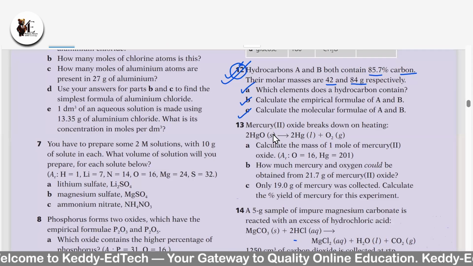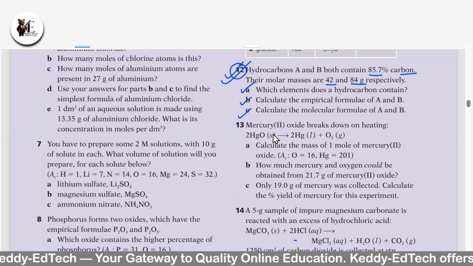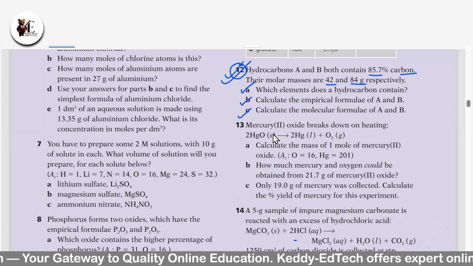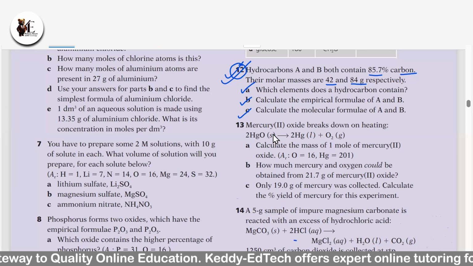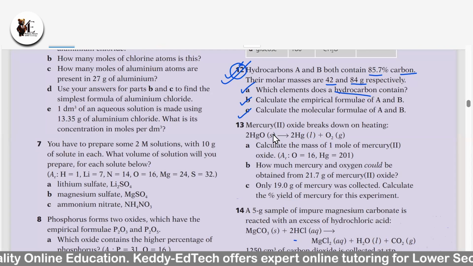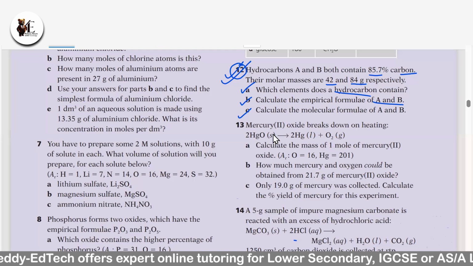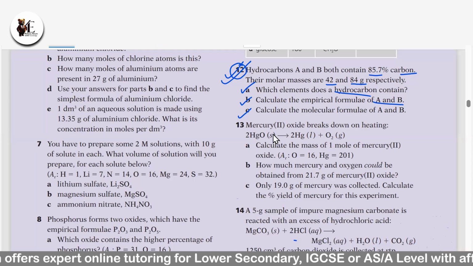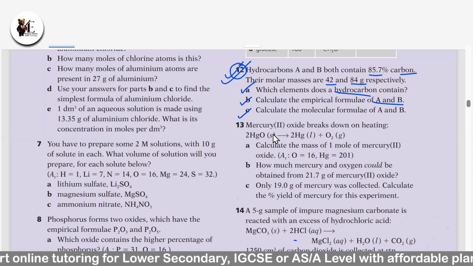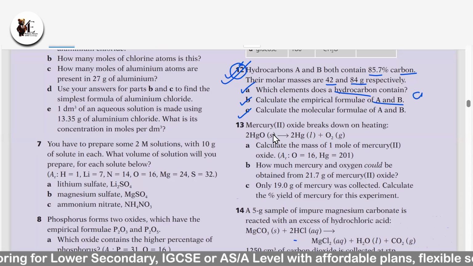So which element does the hydrocarbon contain? It contains carbon and hydrogen. Yes. Calculate the empirical formula of A and B. The empirical formula is CH2. Yes.